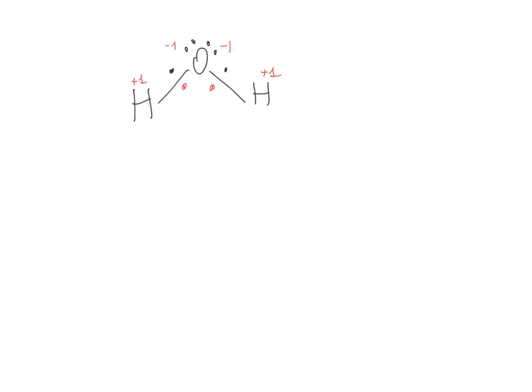So the total oxidation number of oxygen is -2. The oxidation number of hydrogen is +1. In general, oxygen has -2 as oxidation number, and hydrogen +1, if it's bonded to an atom with a higher electronegativity.